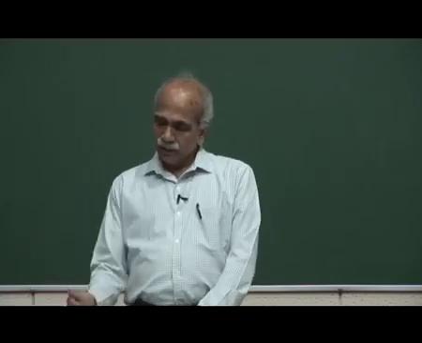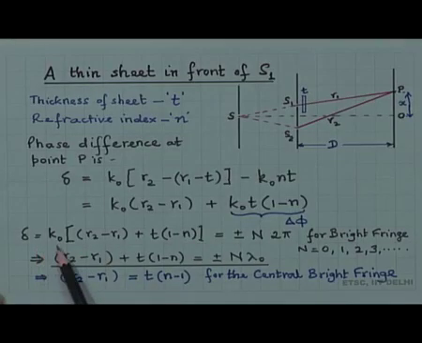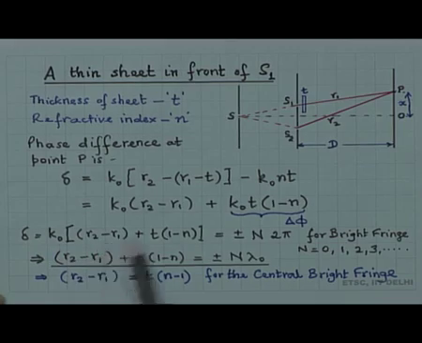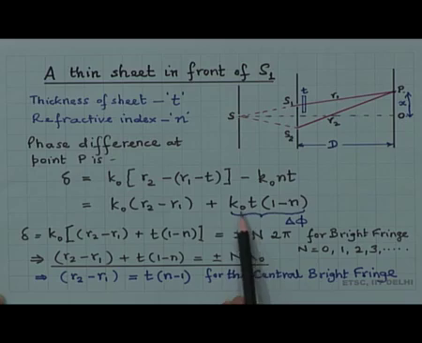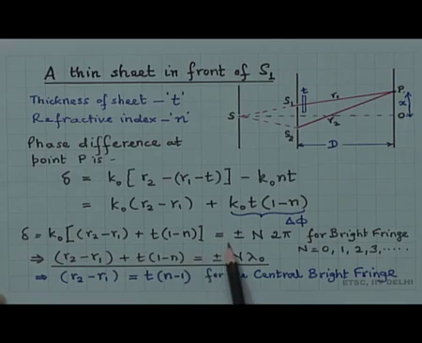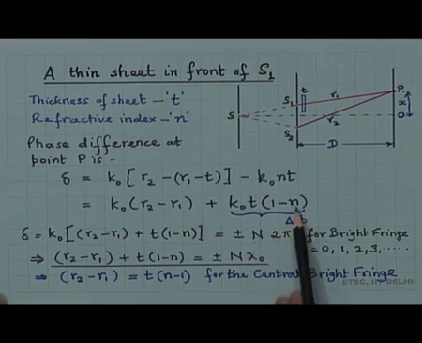So, I take it further. Therefore, delta is equal to k0 into R2 minus R1 plus t times 1 minus n. This k0 has been taken out, and this phase difference must be equal to plus or minus an integral multiple. Now, I have used capital N, because earlier I had used a small n, but now small n we are using for refractive index.